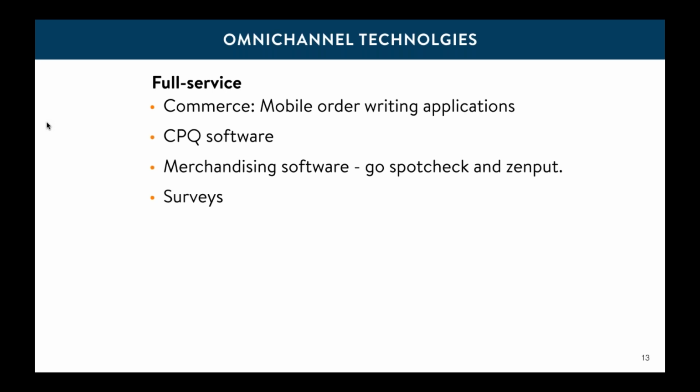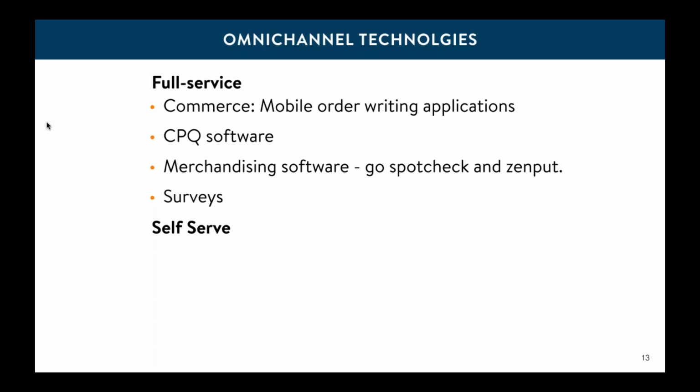This is really common in industries where pricing is dynamic and the products being sold require a lot of configuration, CAD drawings, that kind of thing. And then the other type of technology is field data collection and analysis software like GoSpotCheck or Zenput that allow you to do things like merchandising surveys, program compliance checks, etc. So that's on the full service side.